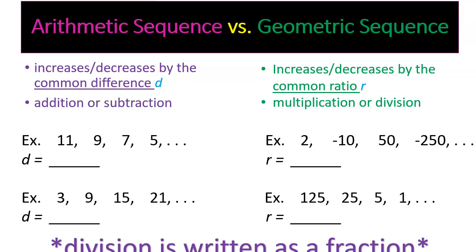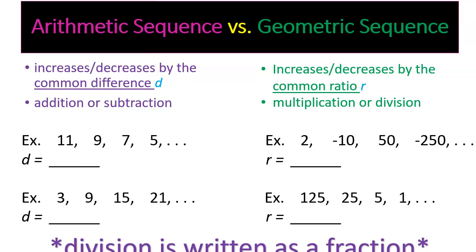We also learned about geometric sequences, which increase or decrease by a common ratio, lowercase r equals, and it's going to be multiplication or division. So in example 1 down here, we have 2, negative 10, 50, negative 250.